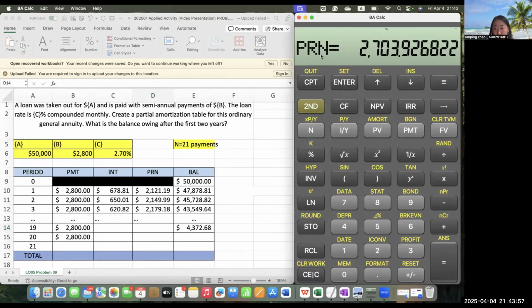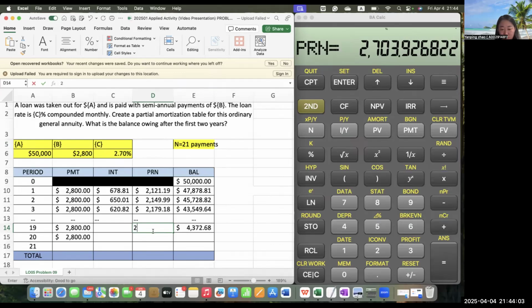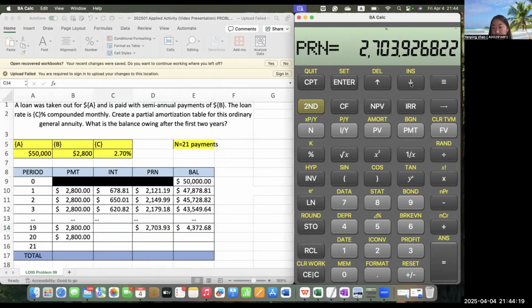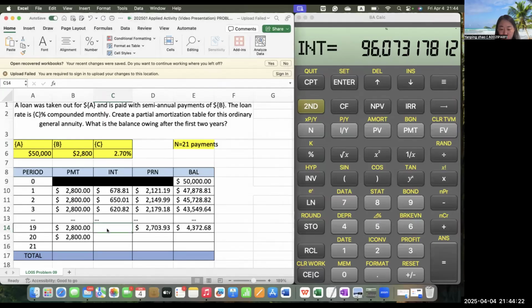We got the principal 2703.9. Regular interest 96.07. We are going to talk about interval number 20.